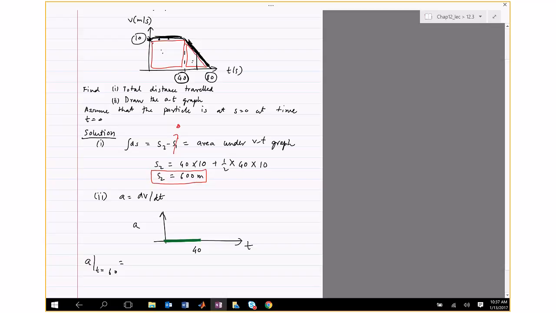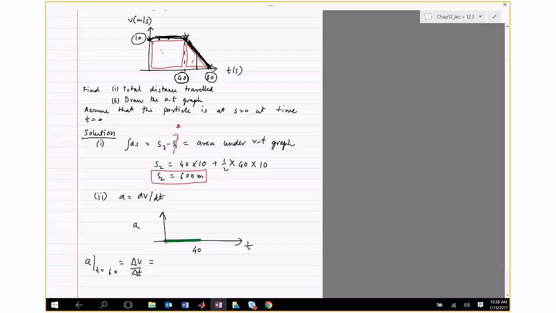I don't know what this position is, so I'm going to use this point here and this point down here. The slope is dy/dx, and I'm going to write this as dv/dt so it's not confusing.